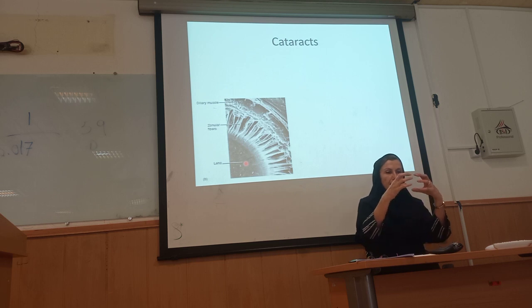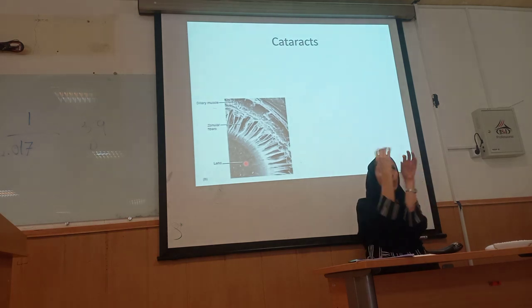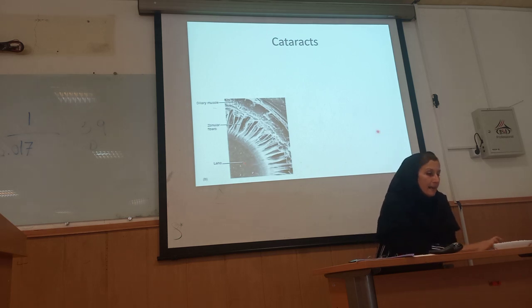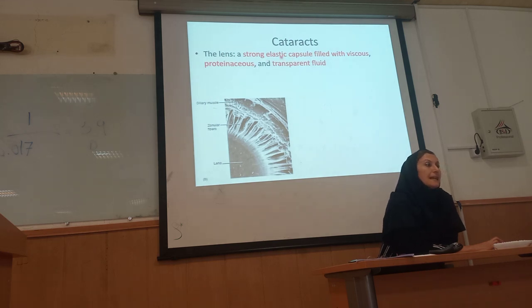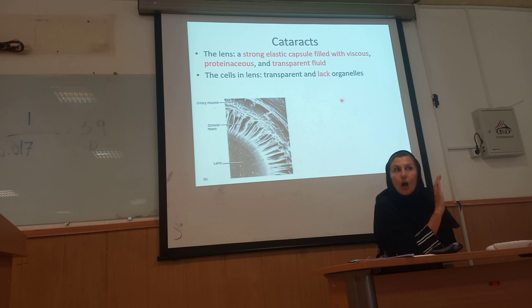I can say the lens is a capsule filled with a liquid and all parts are transparent. This capsule is elastic and contains protein. The lens is transparent and lacks any organelles. Okay.